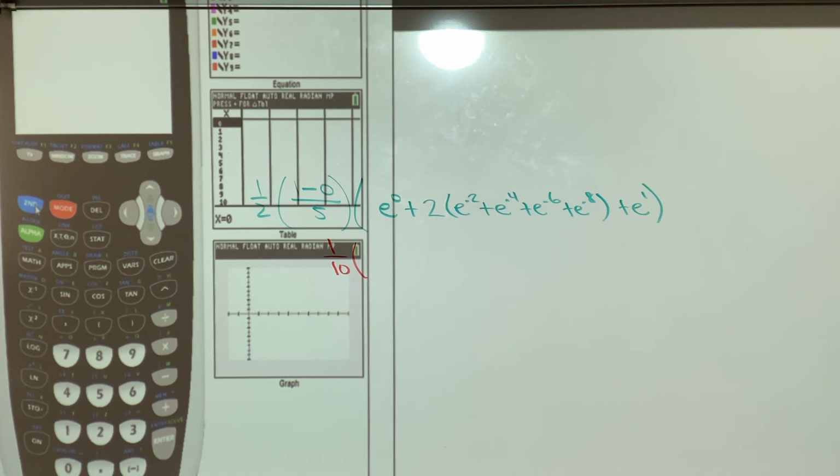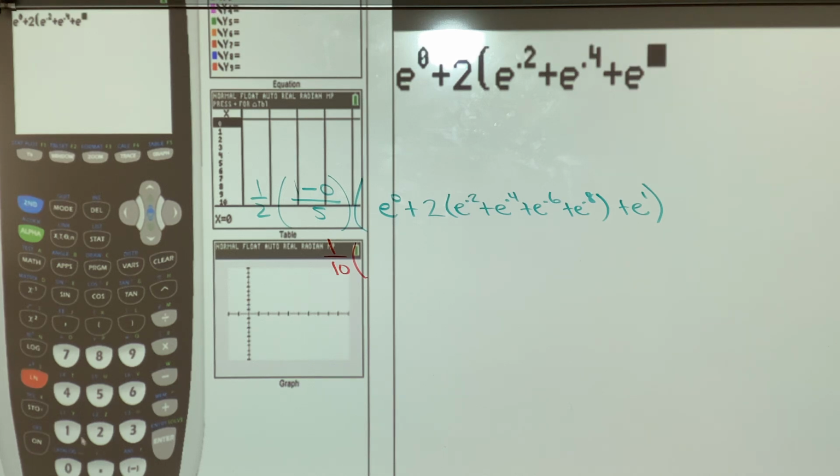So e to the 0 power plus 2 times e raised to the 0.2, plus e raised to the 0.4, and then plus e raised to the 0.6, plus e raised to the 0.8.